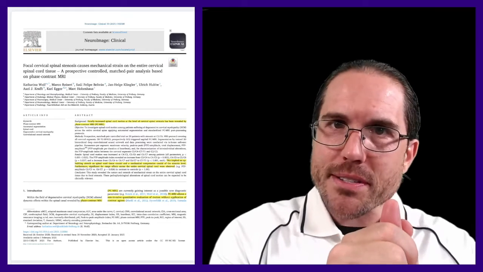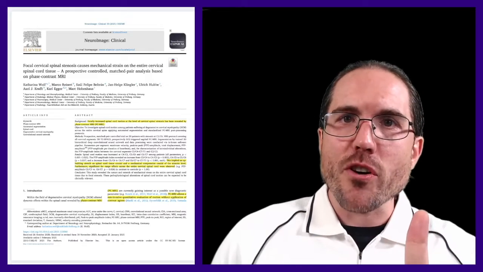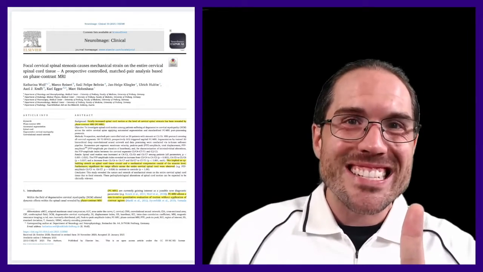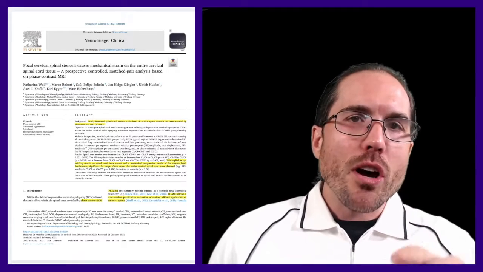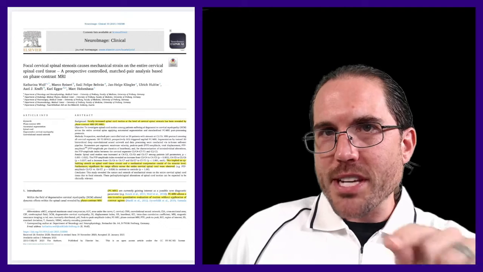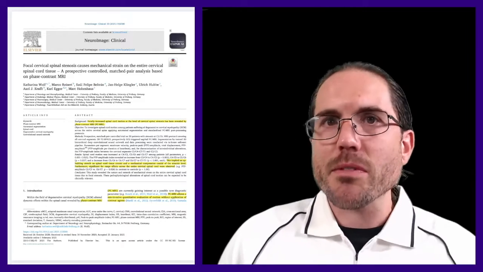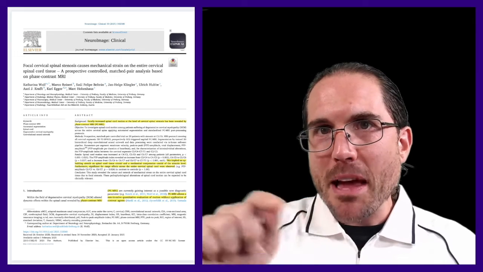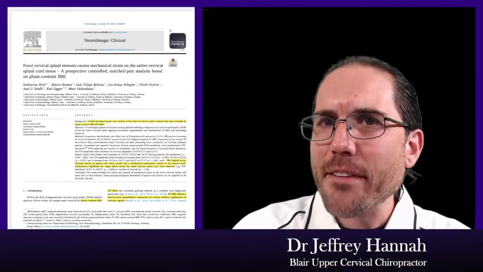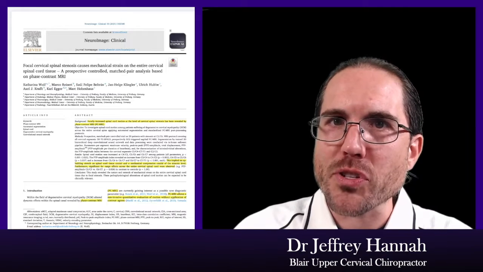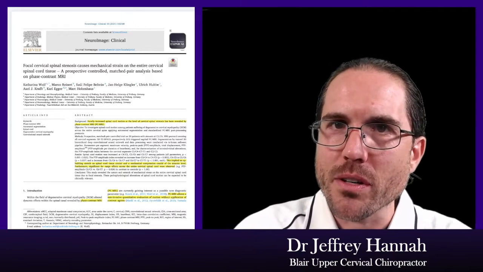That would decrease the transmission of a nerve by about 60% in just 15 minutes. And when you're talking about vertebral misalignments in the upper part of the neck, all that you actually need is half of 1 millimeter to produce that same amount of tension.